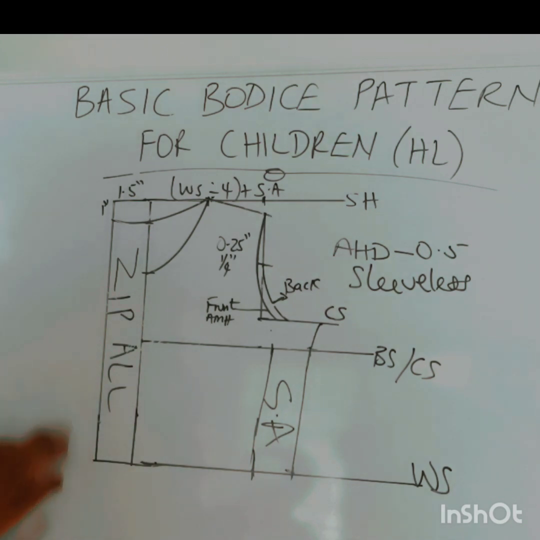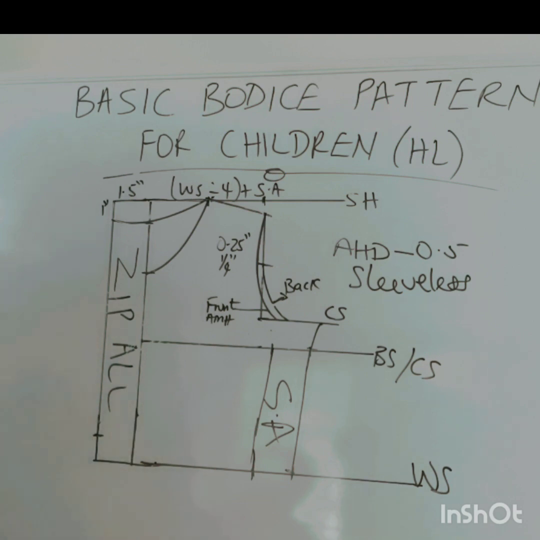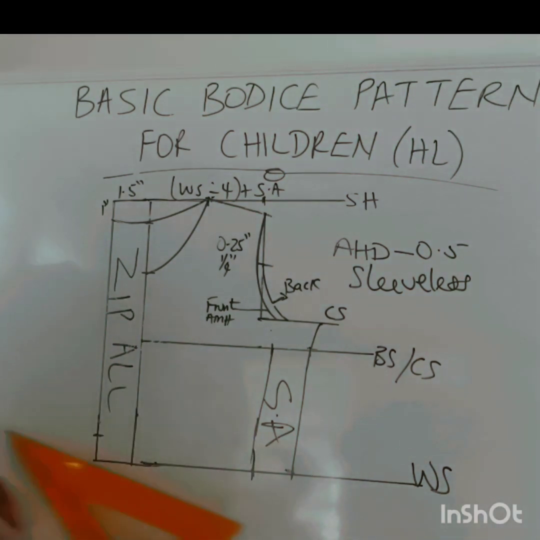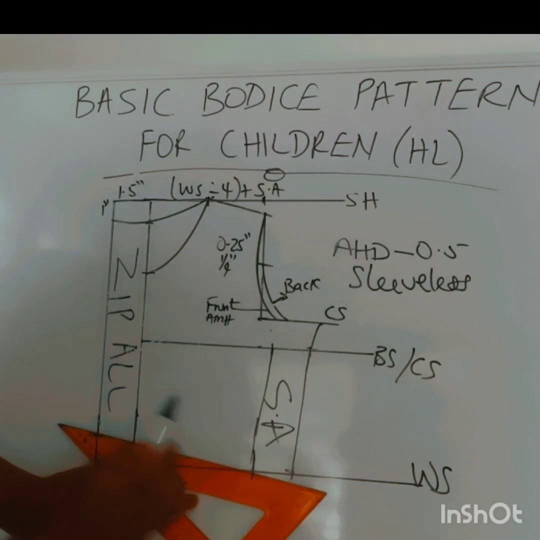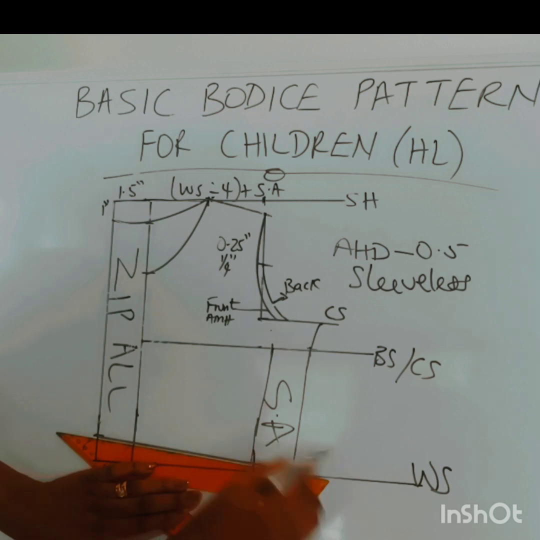Now for the back pattern, you want the zipper to relax very well at the back, so you can go up here by 1 inch and slant it to the side. That is for the back pattern. You slant it to the side.